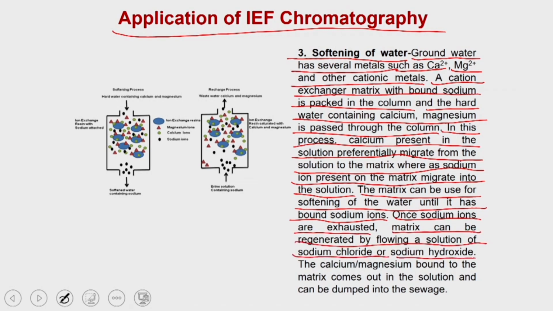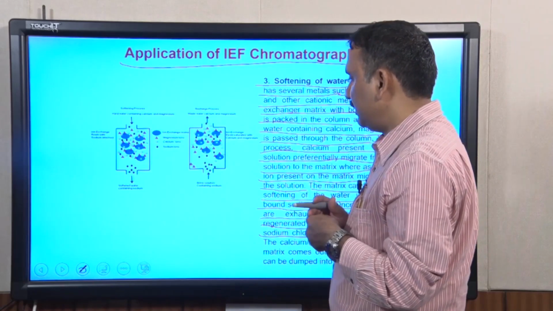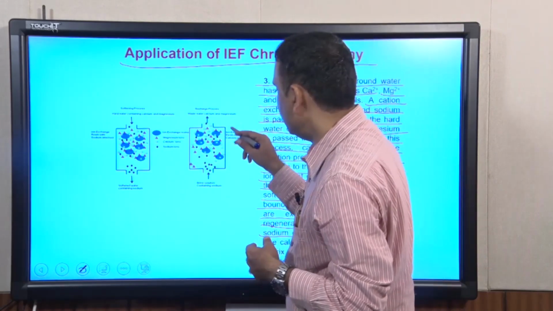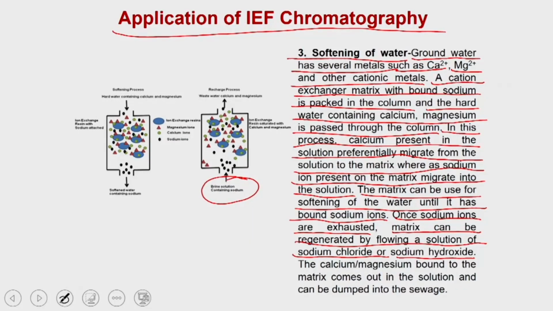So, once the beads lose all the sodium, they are not going to bind any more of these metals. In that case, you flow a solution of sodium, either NaCl or NaOH, and that is going to remove the bead-bound calcium, magnesium and other metals, and these heavy metals can be collected in a waste, and that waste can be disposed into a sewage.